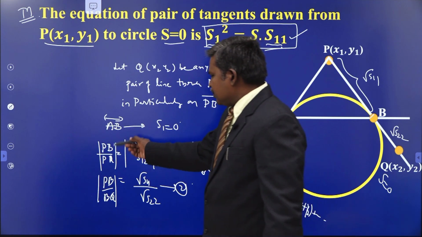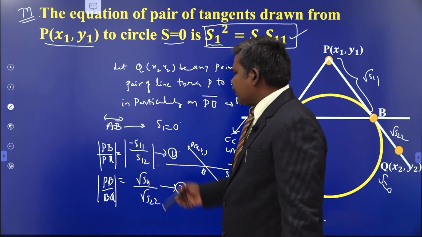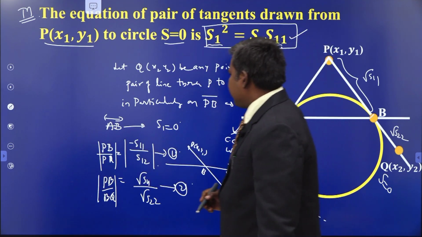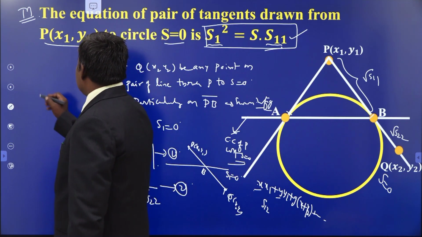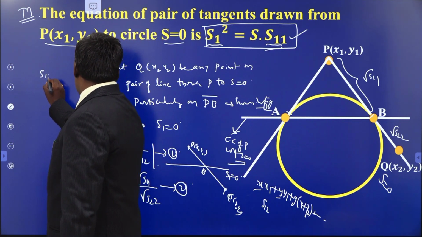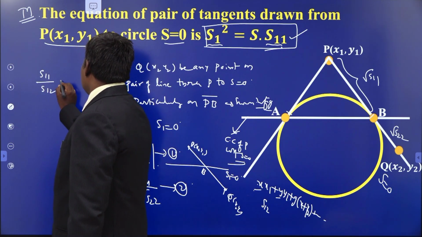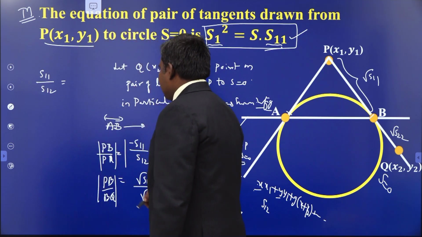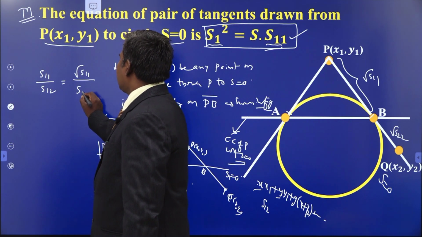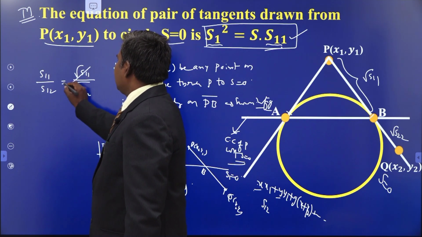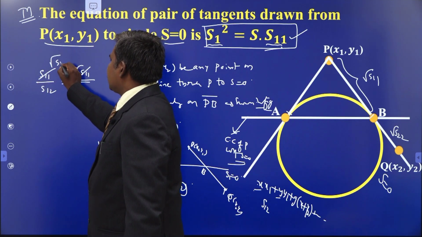So the left sides of both are the same. That is why you can equate the right side values. What we obtain: the modulus of S11 by S12 is equal to root S11 by root S22. Listen very, very carefully. Root S11 cancels on both sides.